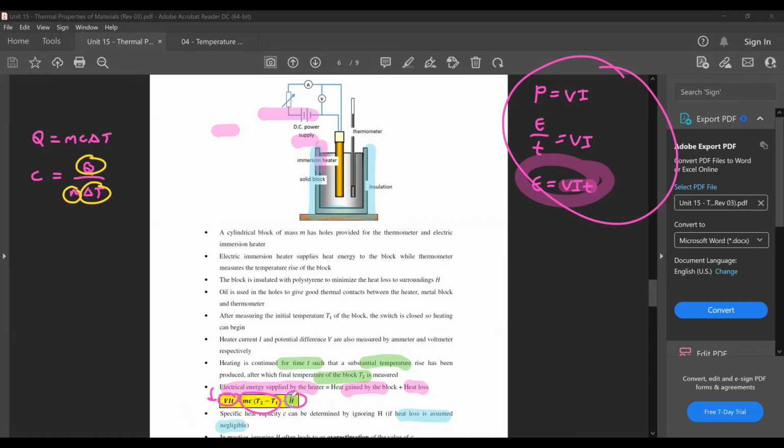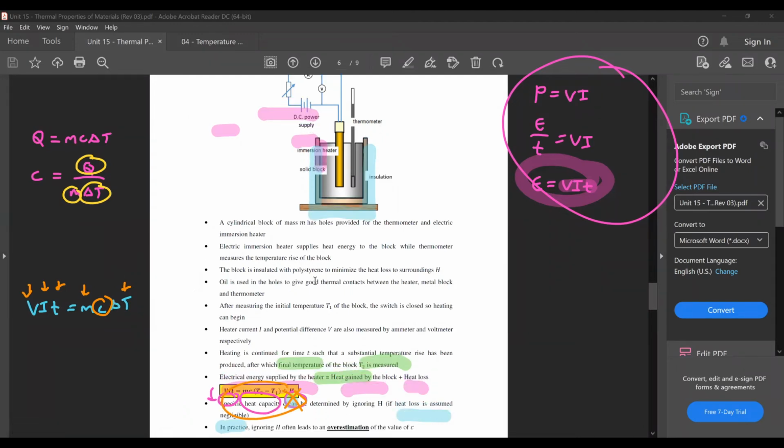If you ignore H, the equation becomes VIT equals MC delta T. So you can find out V, I, T, M, and delta T. Then after that, you can find out C easily. So if your insulation is very good to the point that heat loss is negligible, you can just ignore this term, and then you can straight away find out your C.